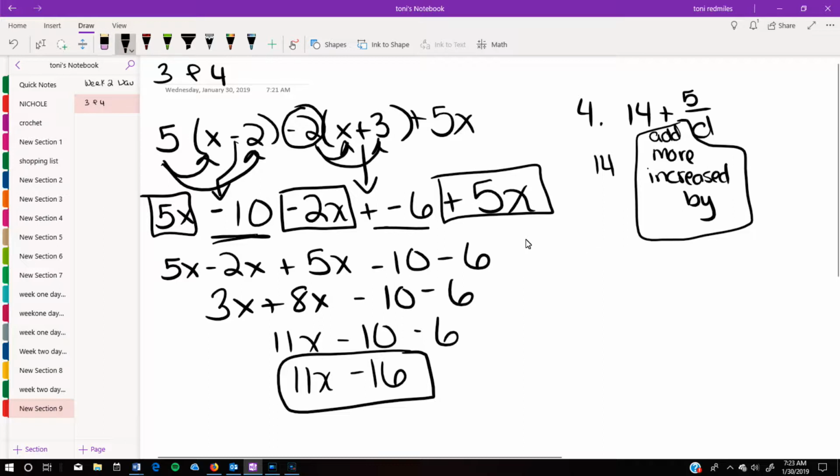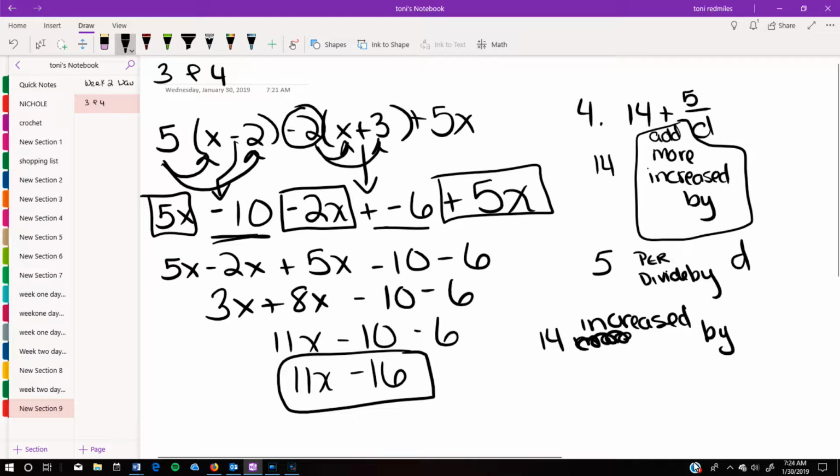So we'll put 5 per or divided by d. Okay, so I'm just going to pick one word from each one of my word choices. So 14 more, or let's do increased by. I like that word better. 5 divided by d.